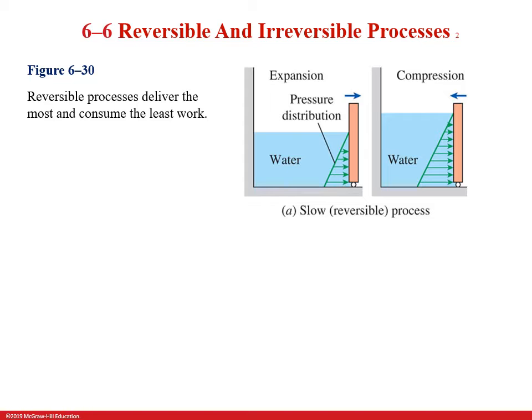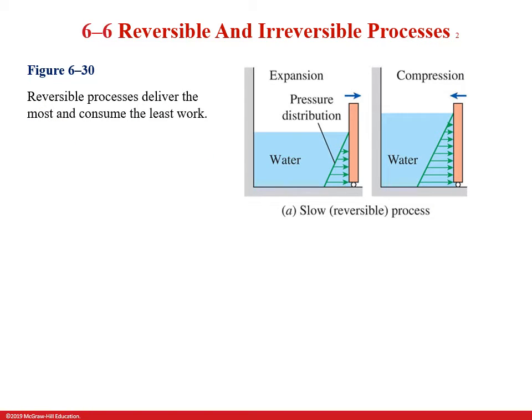A slow, reversible process delivers the most and consumes the least amount of work, right? So these represent the theoretical upper limit. It's the best you could get, either the most work out or it consumes the least work.